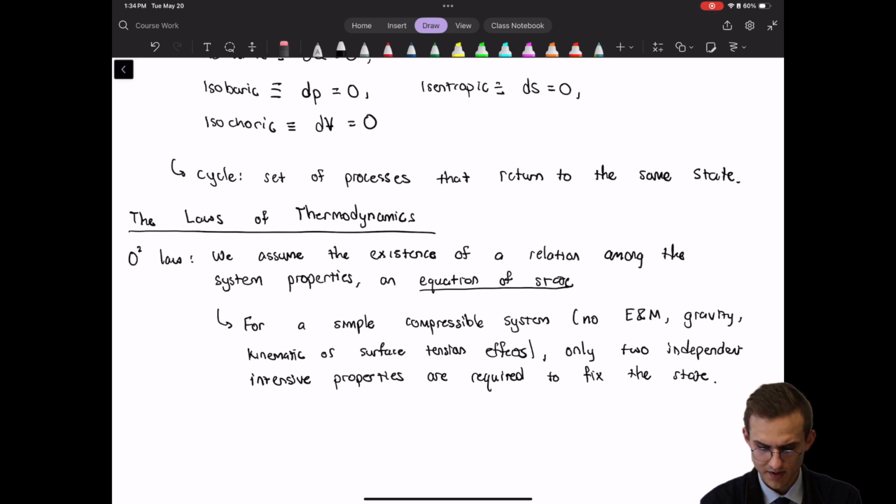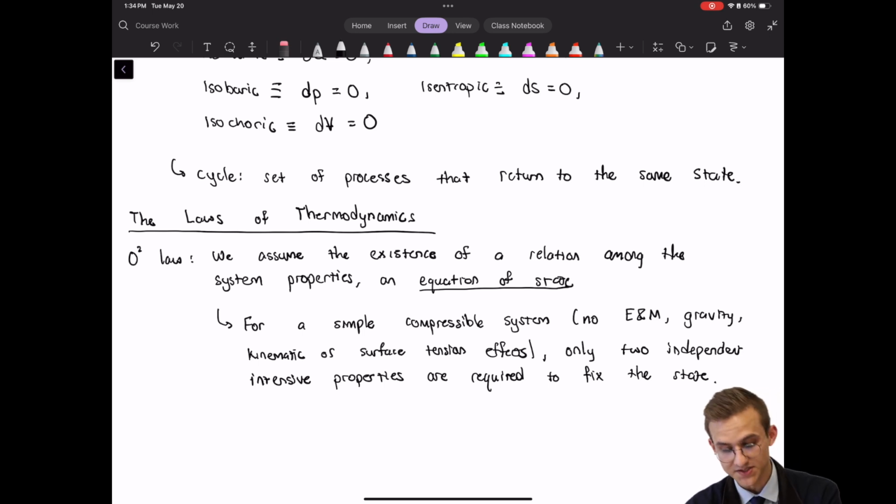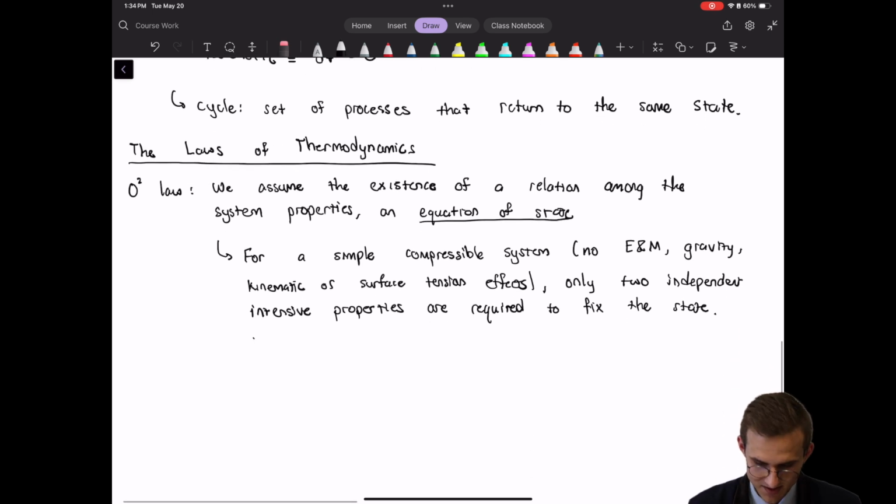But the reason why has to do with the fact that in that simple compressible system, if you proceed from fundamental statistical mechanics, your equation of state ends up being just the ideal gas law. So the question is, why is this the case?